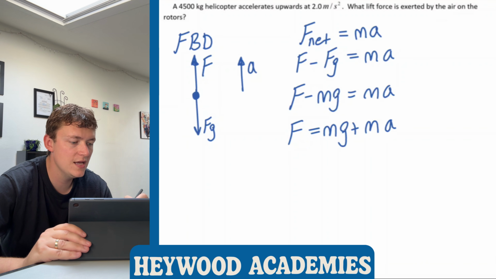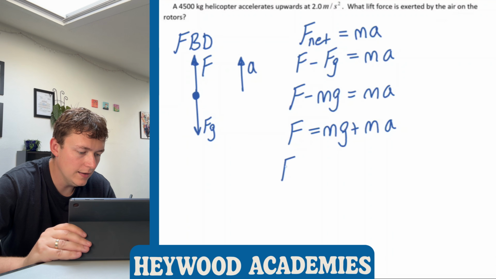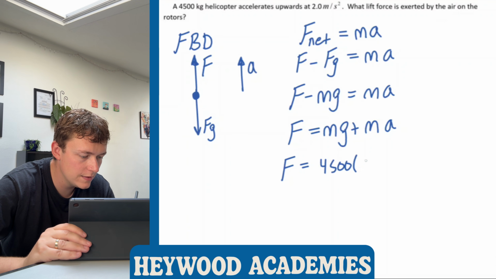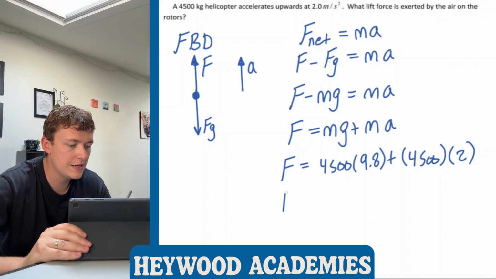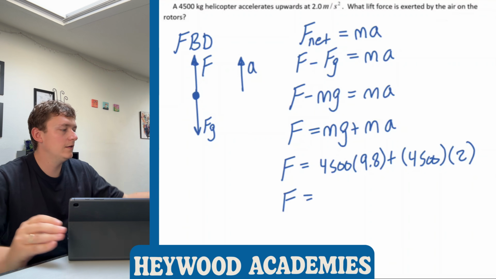So it's going to be mg plus ma, and now we've got everything that we need here. So 4,500 times 9.8 plus 4,500 times 2 for the acceleration, and that'll give us our lift force.